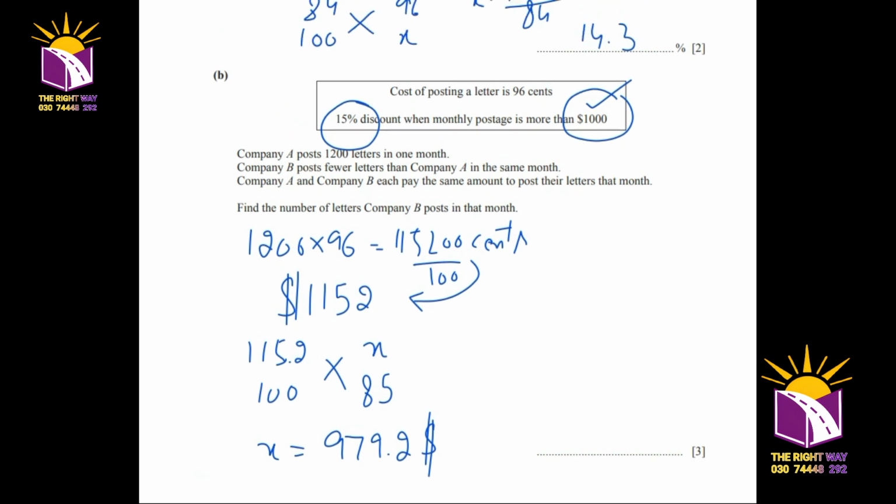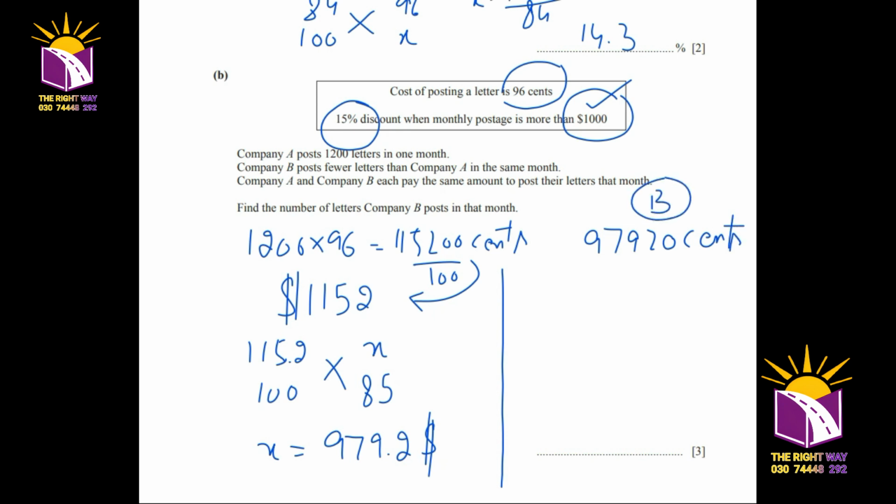Now I am converting this dollar amount into cents because my given amount is in cents. So multiplying by 100, 979.2 multiplied by 100 will be 97920 cents. This is the amount company B pays.